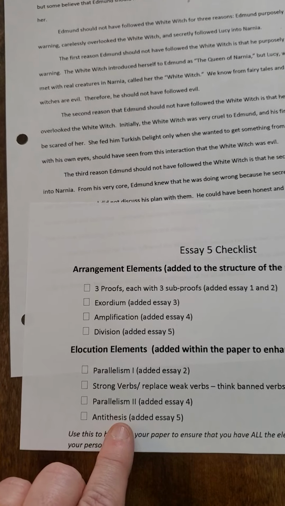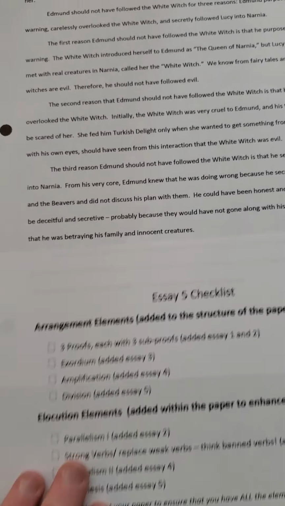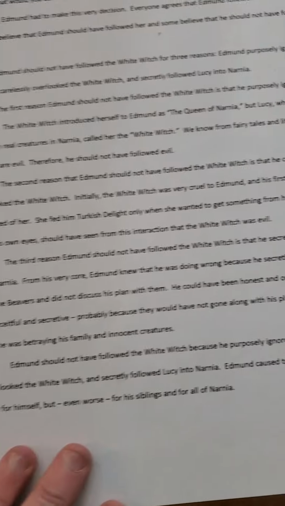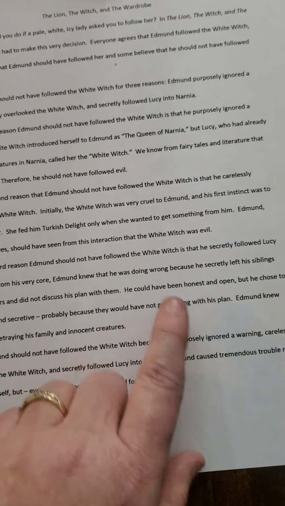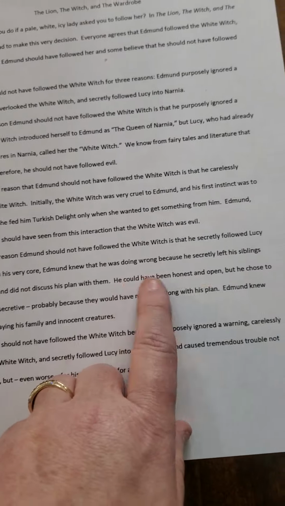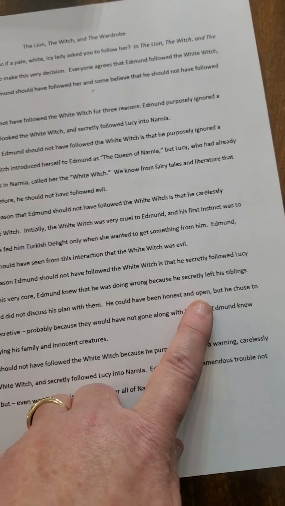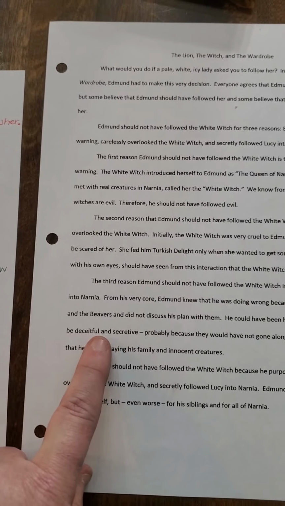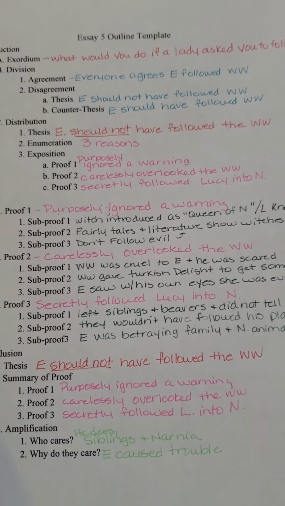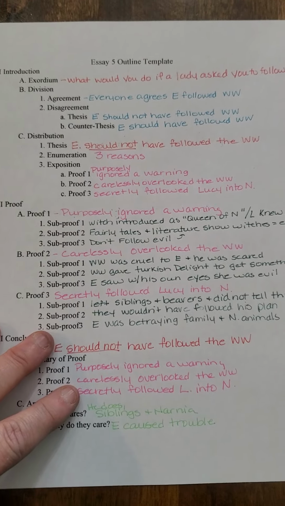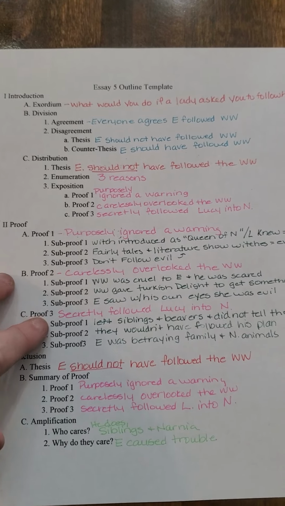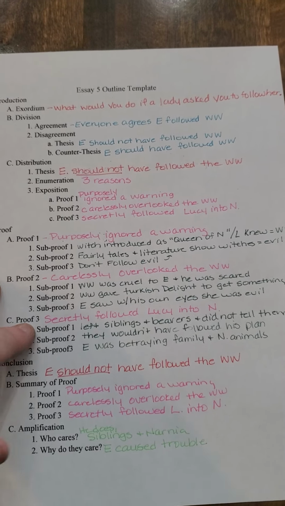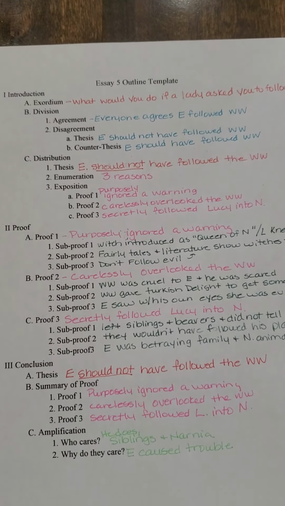So you're going to want to make sure you have antithesis in here. In the paper that they wrote, they put antithesis in: he could have been honest and open, but he chose to be deceitful and secretive. Well, guess what? That is nowhere on my outline, because it's not one of my proofs or subproofs. It's just another support that I'm adding in.